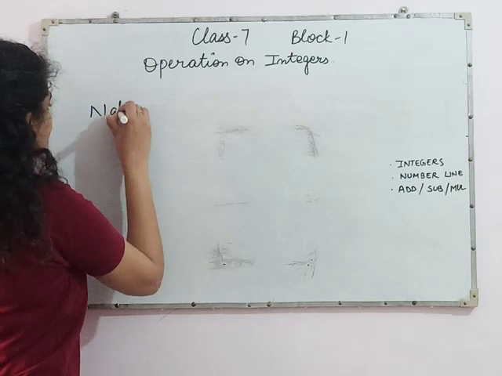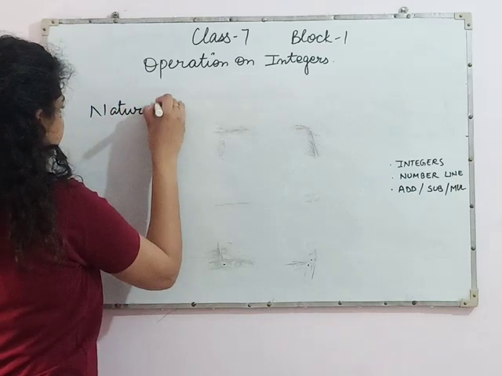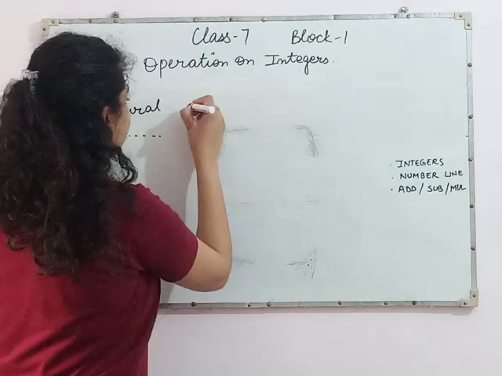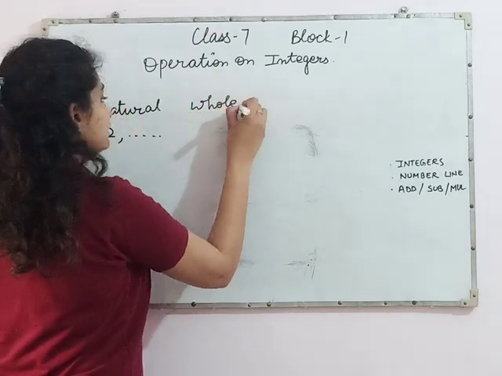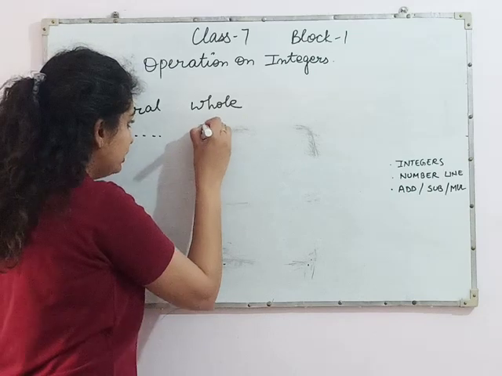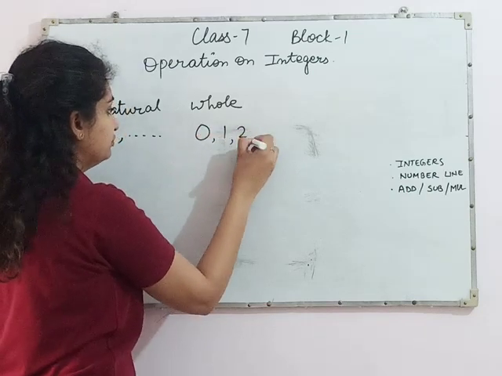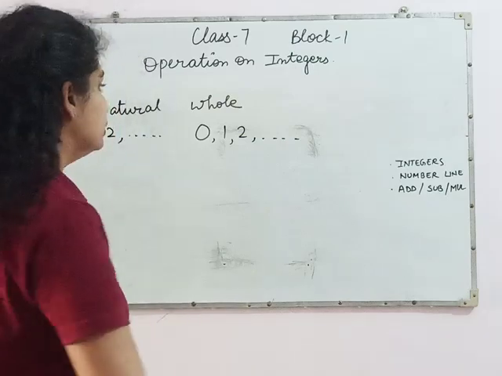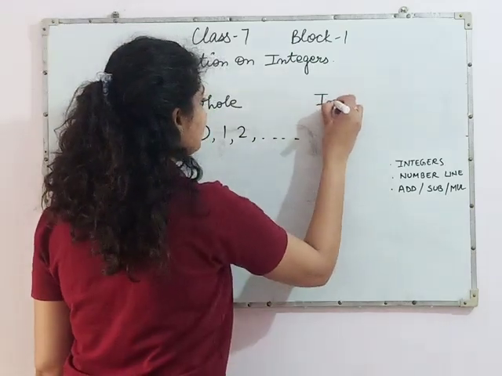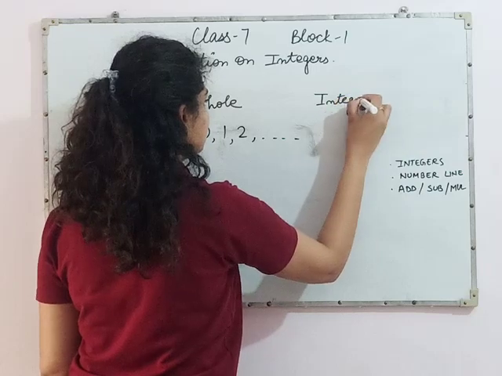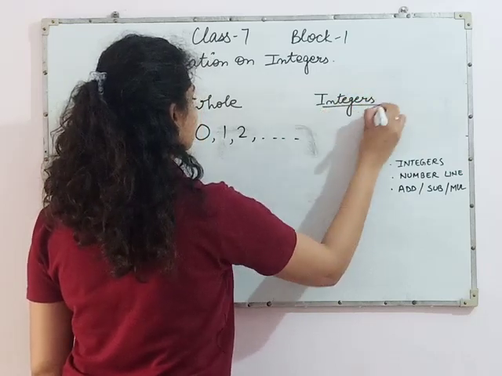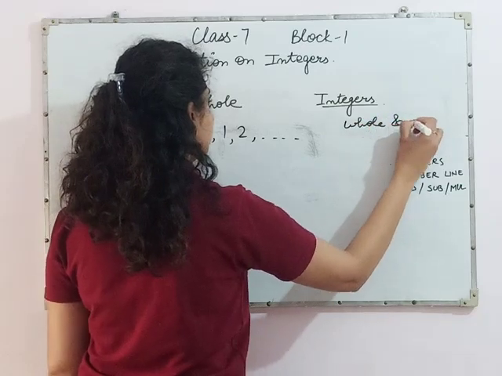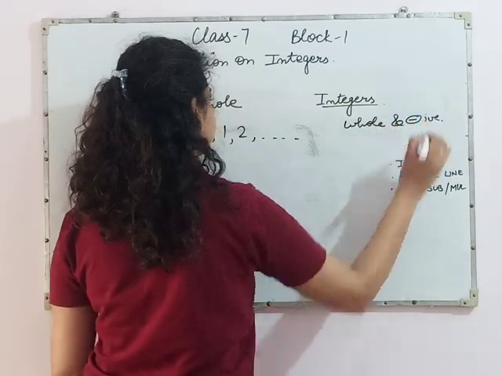Natural numbers start from 1, 2 and so on. If we talk about whole numbers, they have one more digit, that is 0, and it goes on further. What about integers? Integers are a group of numbers having whole numbers and negative numbers.